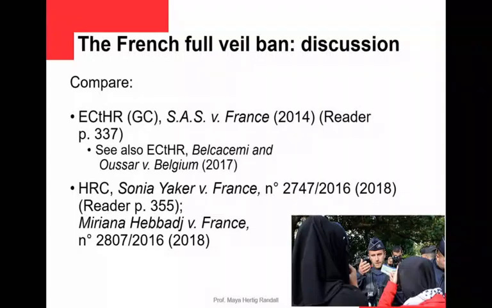So the court basically dismissed that argument. I think there were two arguments, if I remember correctly. On the one hand, saying it's against the dignity of the women, and the other one saying it's against the dignity of the other people. So you're in the street and you see the woman and you say, well, this is. What do you say? Can someone make an argument that it's against women's dignity?